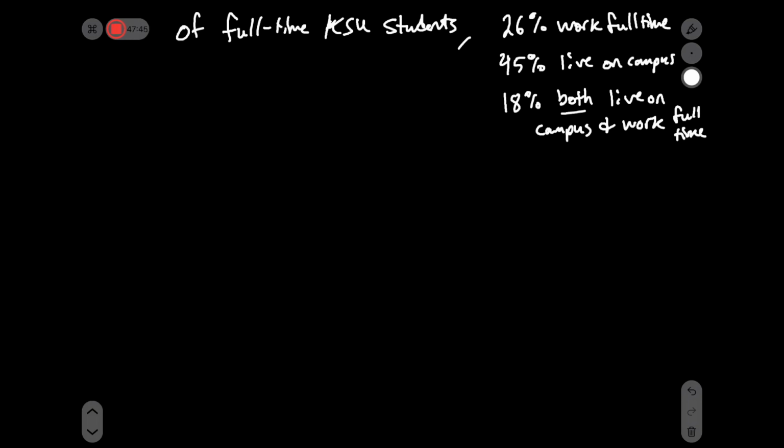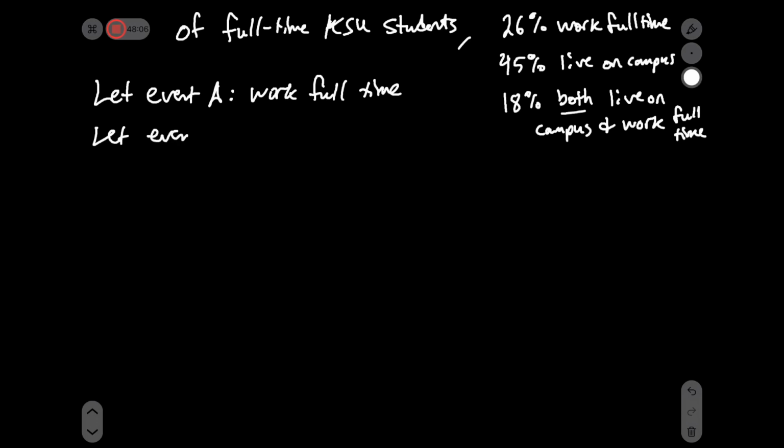So let's run through a few of these. So let's define a few terms. Let's let event A be defined as students who work full-time. Okay, and let's let event B be those students that live on campus.